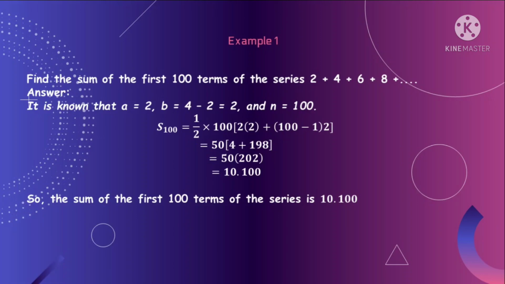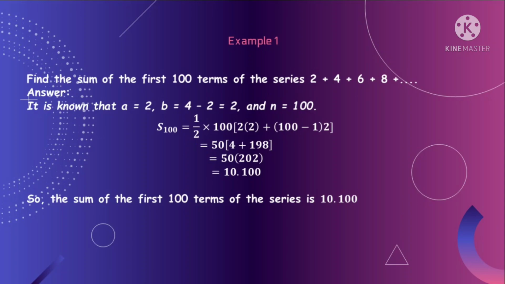S₁₀₀ equals 1/2 times 100 [2 times 2 plus (100 minus 1) times 2] equals 50 [4 plus 198] equals 50 times 202 equals 10,100.